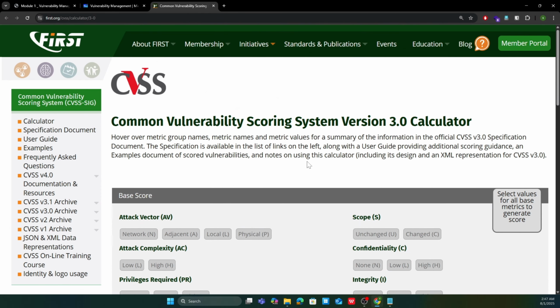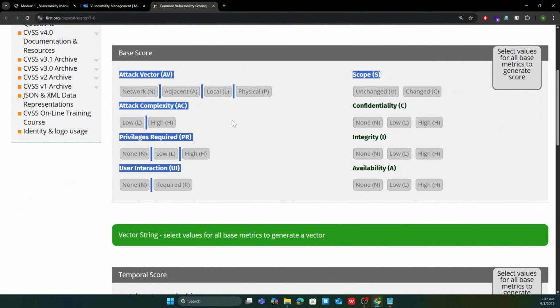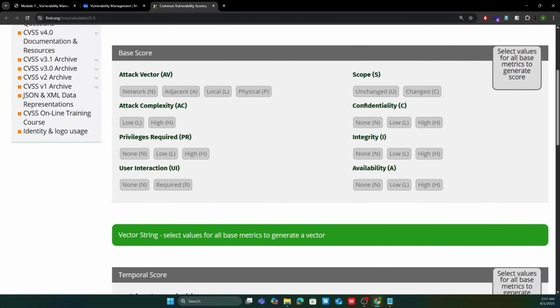Now, the scoring has multiple different metrics: attack vector, scope, complexity, privileges, confidentiality, integrity. For example, with the attack vector, where does the attacker have to sit? Either they have to visit the physical server, or they need to be at the local level, adjacent, or network. If you make it network, the scope is changed.